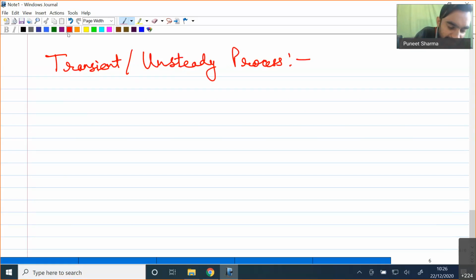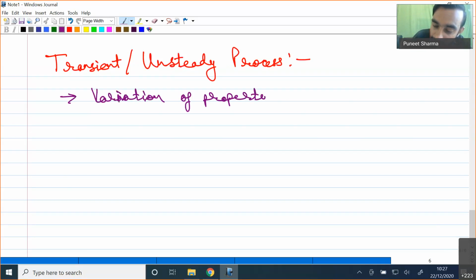So what will be happening in transient or unsteady processes? We will have variation of property within the control volume with time.